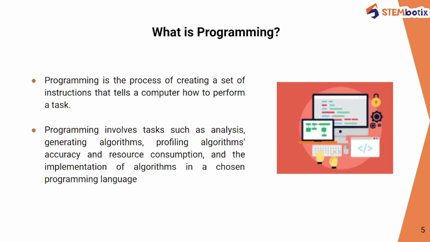Programming is the process of creating a set of instructions that tells a computer how to perform a specific task. Basically, programming involves different tasks such as analysis, generating algorithms, profiling algorithms, accuracy and resource consumption, and the implementation of algorithms in a chosen programming language.